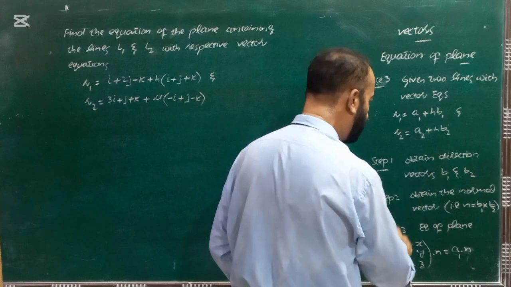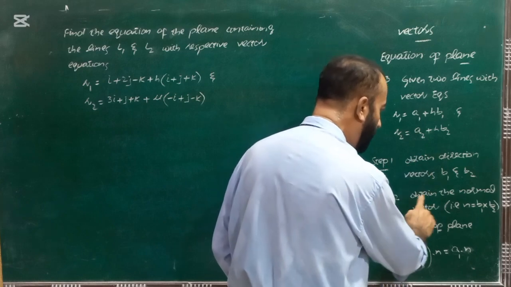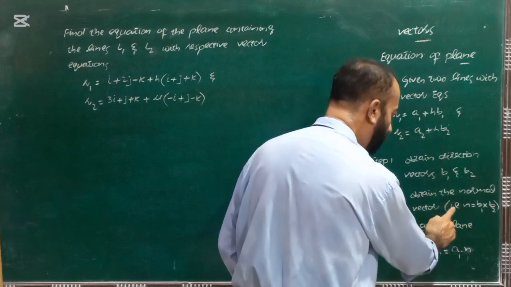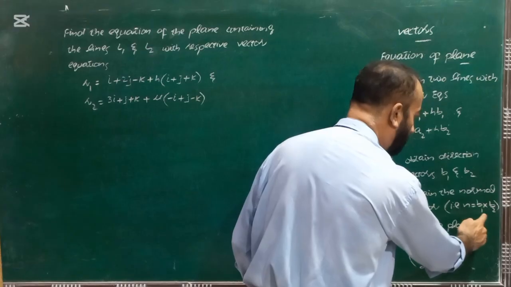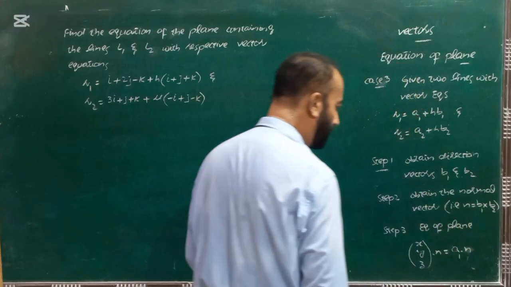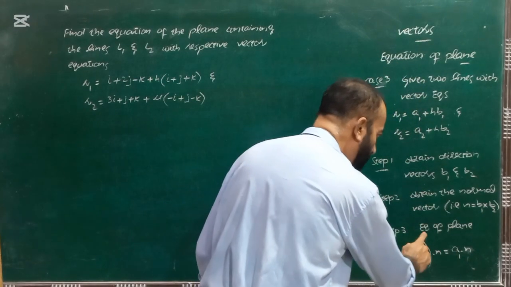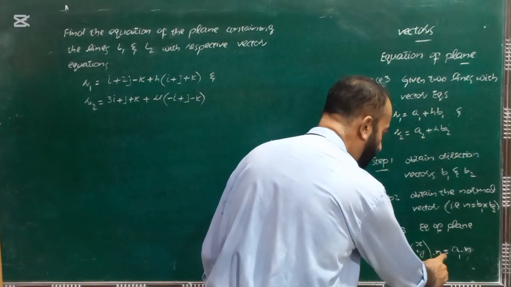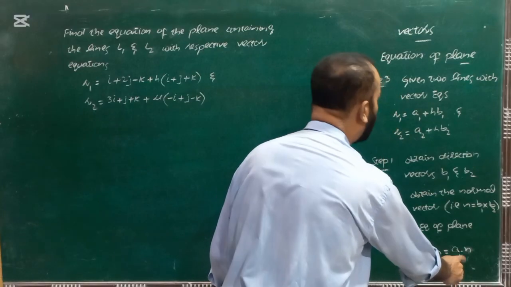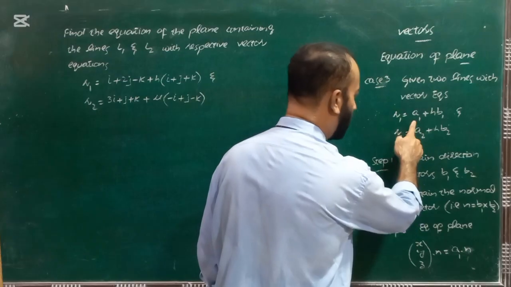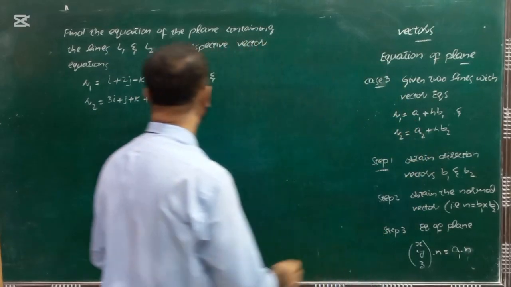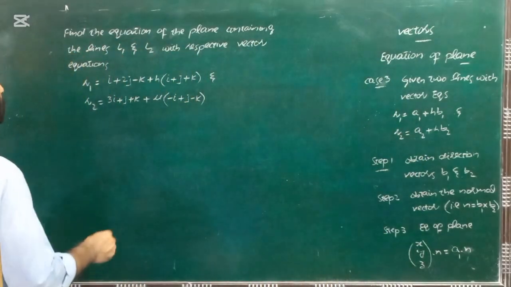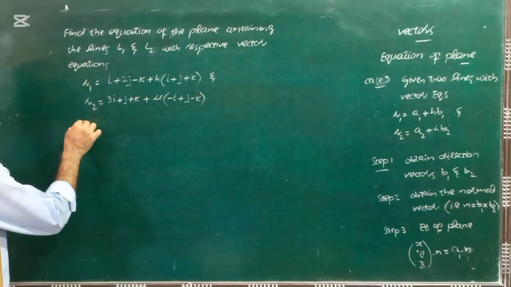Then step 2, find the normal vector by cross multiplying B1 and B2. And finally, the third step will be the equation of the plane, that will be x, y, z dot n is equal to A1 dot n.